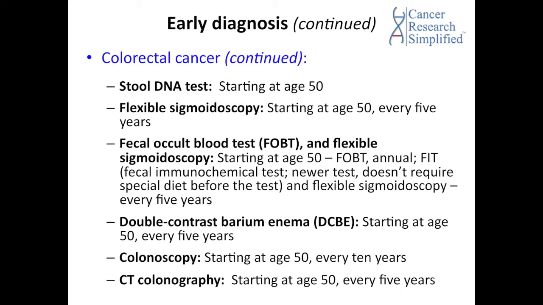The double contrast barium enema test, the DCBE, is recommended starting from age 50 for every 5 years. Colonoscopy starting at age 50 for every 10 years, and the CT colonography starting at age 50 for every 5 years.